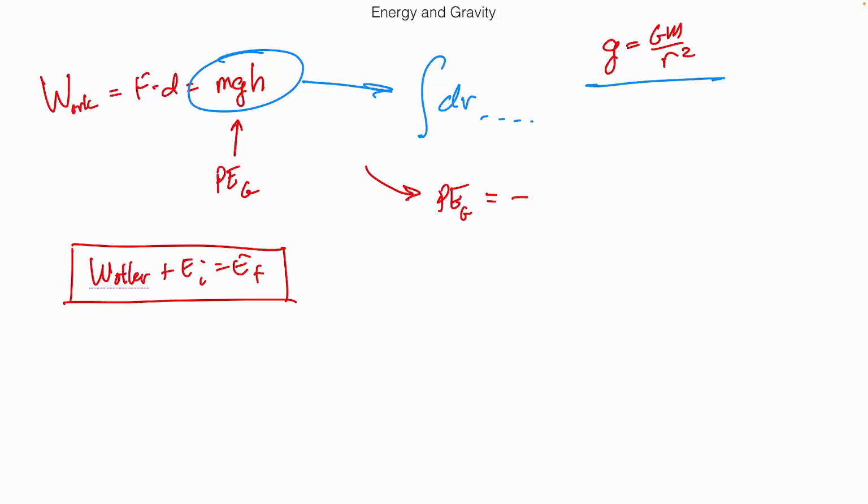And I'll say, did you put a minus sign on it? You'll be like, ah. So negative big G, M1, M2 over R. There it is, okay? That right there is the true way to do gravitational potential energy.